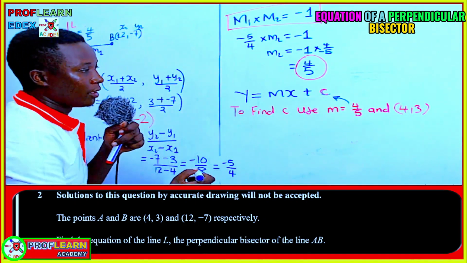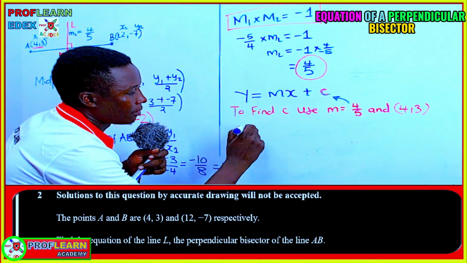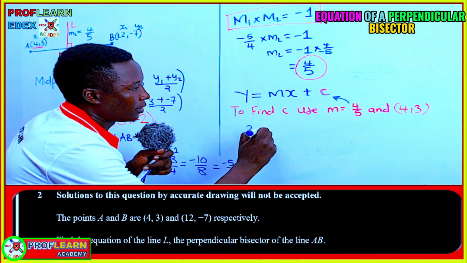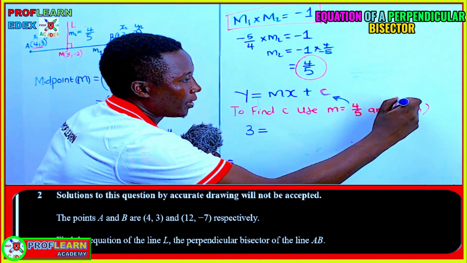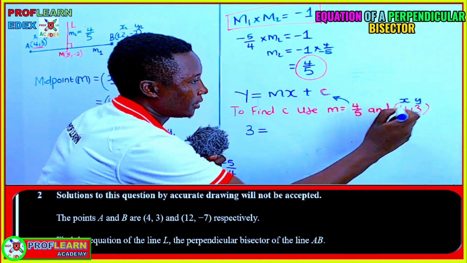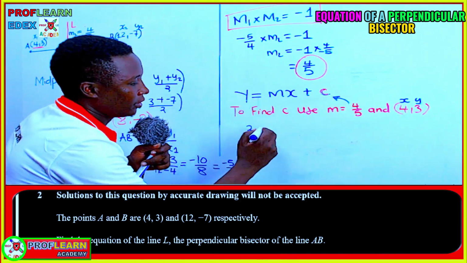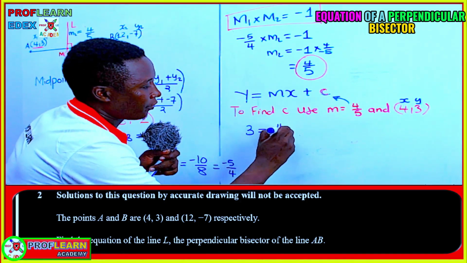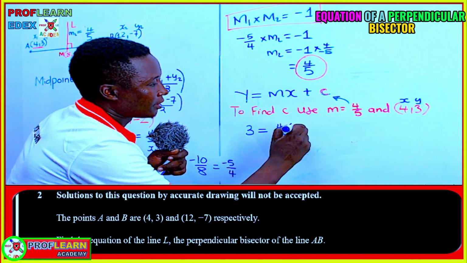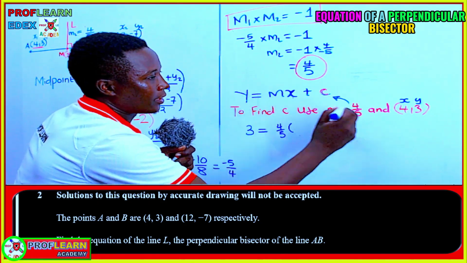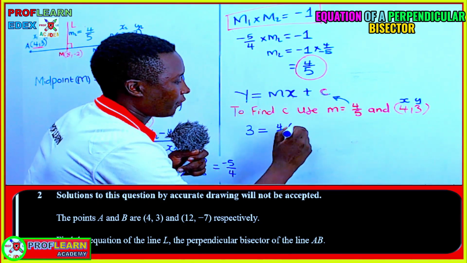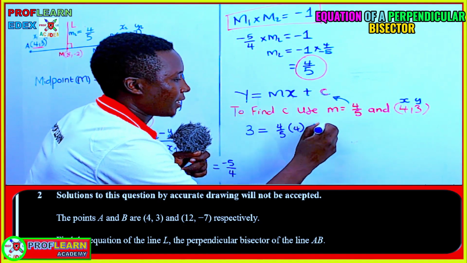Here our x is 4 and our y is 3, so y is 3 equals the gradient 4 over 5 times x, and our x in this case is 4, and then plus c.